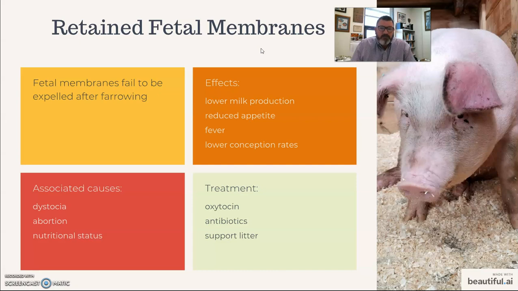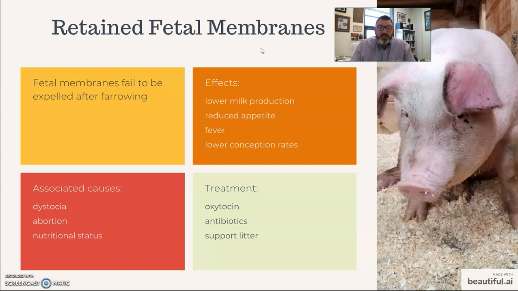If a pig farrows way too early, aborts that litter of piglets, she'll probably also retain her fetal membranes because there was something else going on there. Nutritional status also highly affects retained fetal membranes. The effects of this are lower milk production, so protecting that litter of baby pigs is really critical here. Reduced appetite, fever, lower conception rates at the next breeding time.